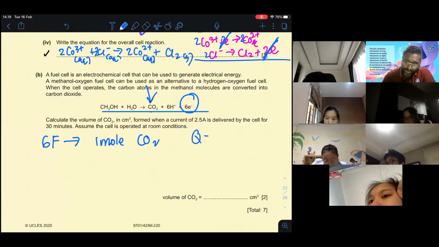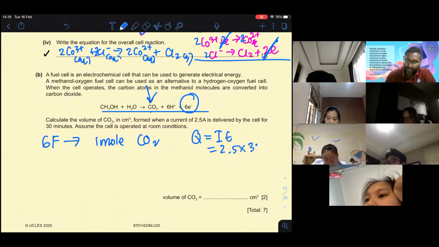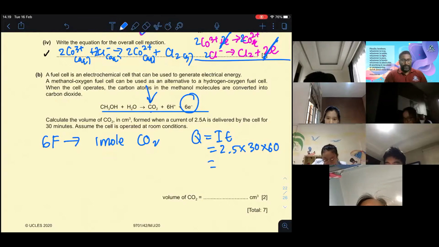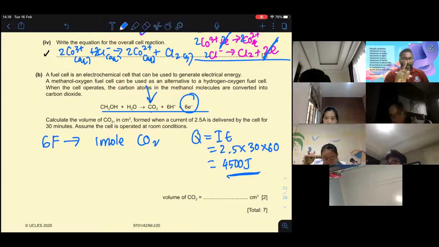So first we find Q equals IT. The current is 2.5, and T must be in seconds, 30 times 60. I'll calculate for you: 2.5 times 30 times 60 gives 4,500 coulombs.